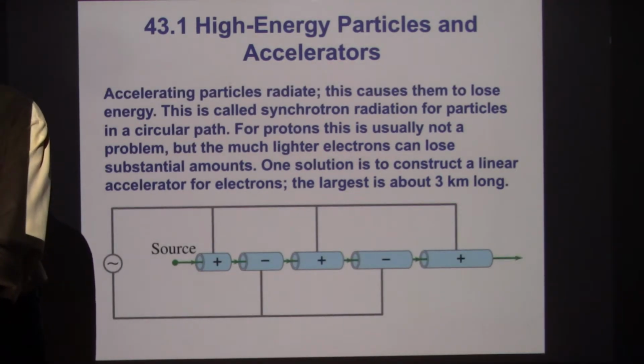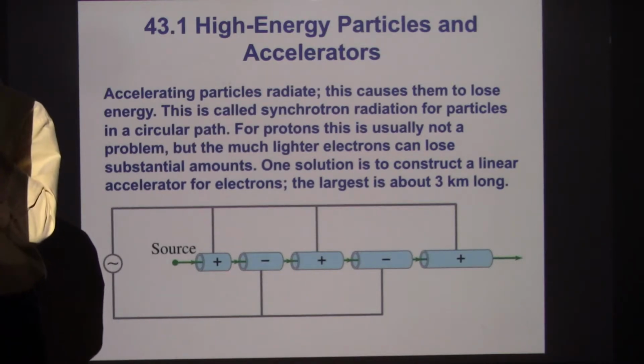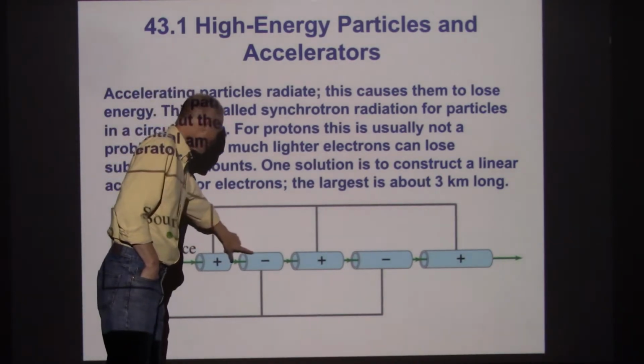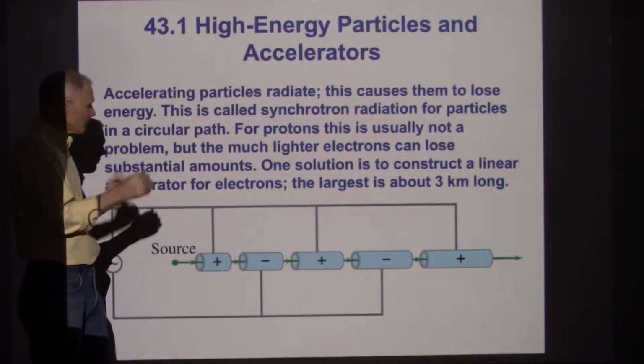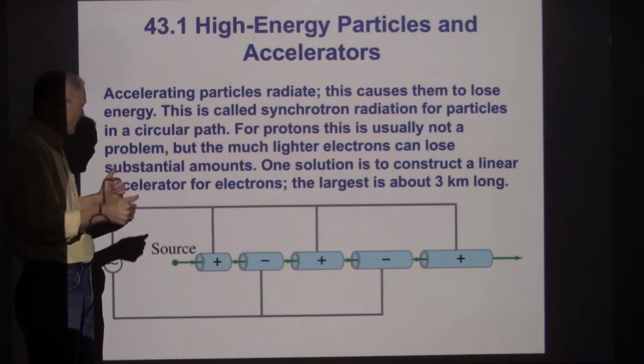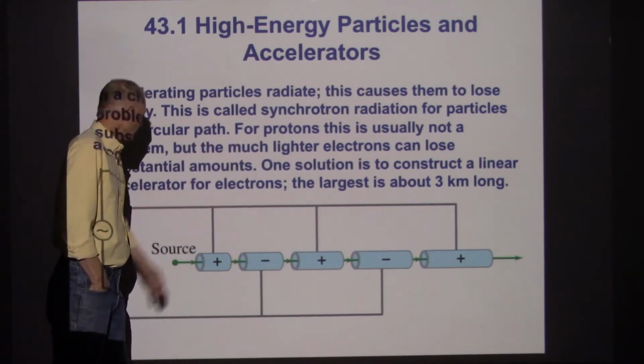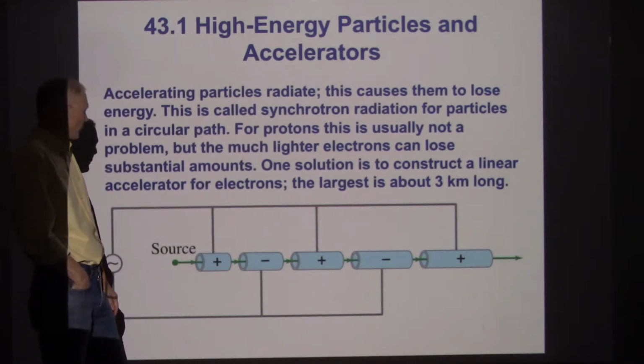And here's a picture showing how the particles can be accelerated. What you can do is set up different regions that are positive or negative, and then by synchronizing that, you could take an electron, for example. This is like the Stanford Linear Accelerator Center.